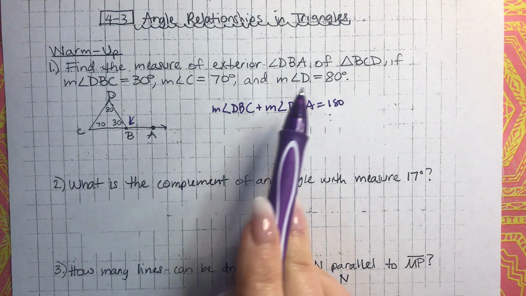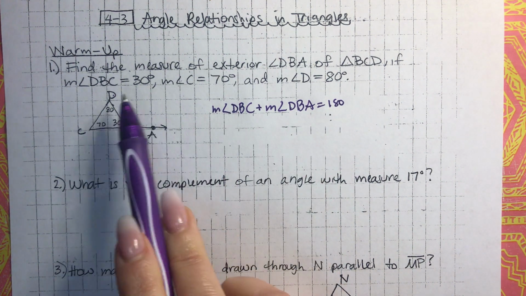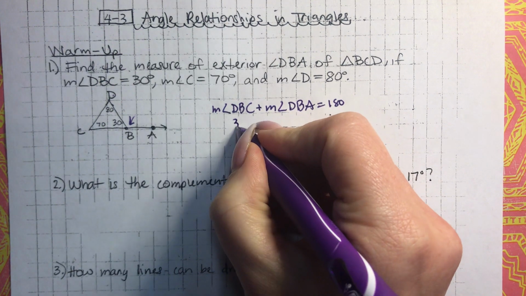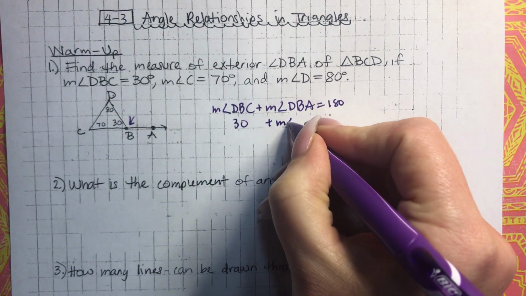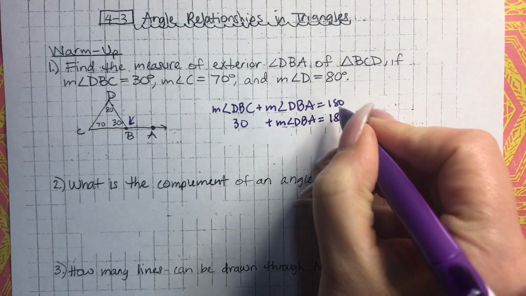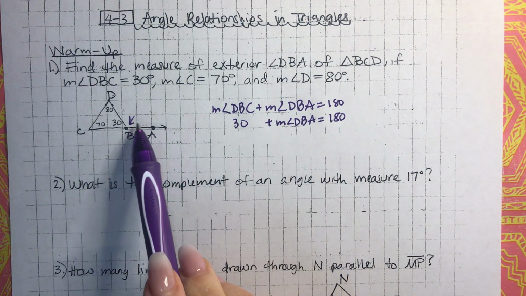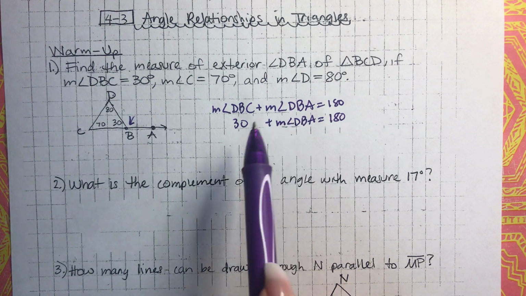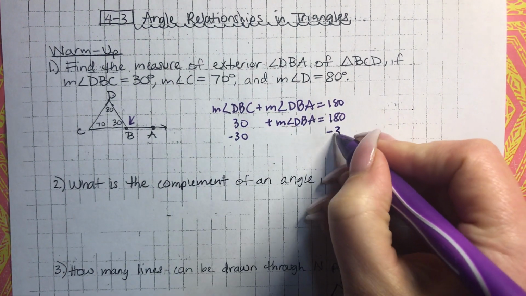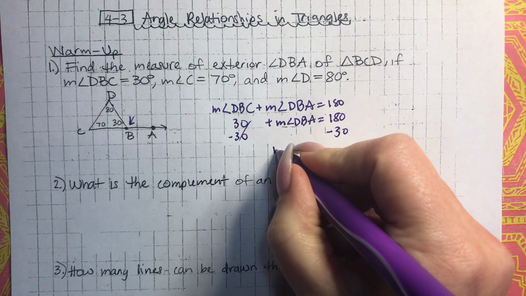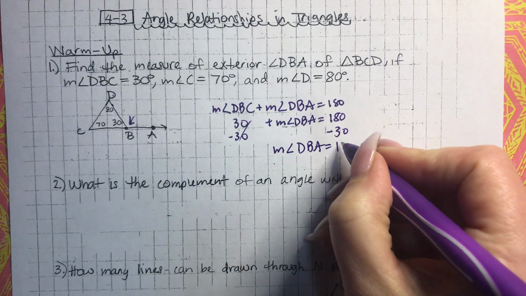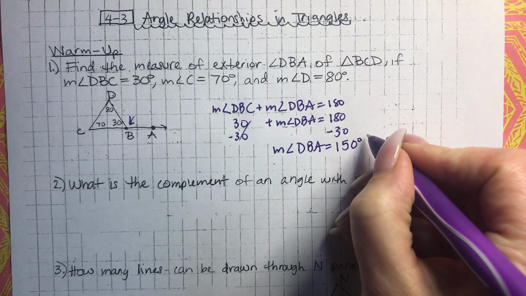And then we're just going to substitute the measure of DBC, which is 30, in here. Substitution property of equality. Then we just want to figure out what this angle is, so we're going to isolate this, get rid of the 30 using the subtraction property of equality to both sides, cancel, and we're left with the measure of angle DBA equals 150 degrees.